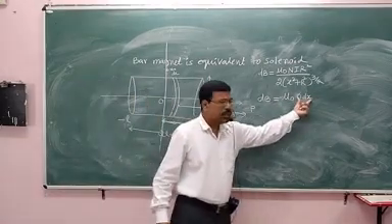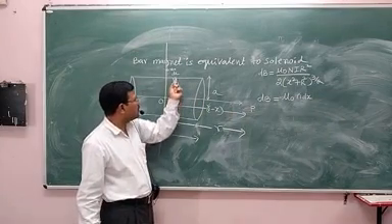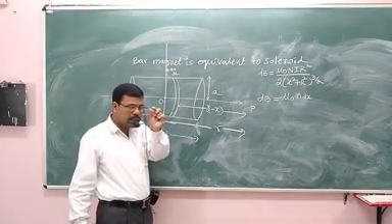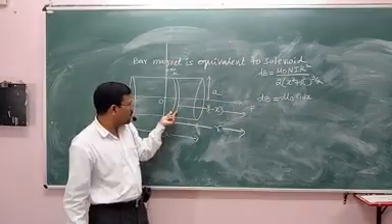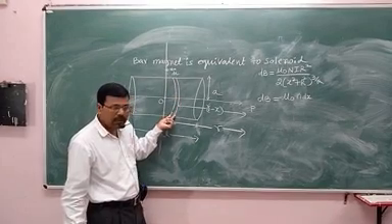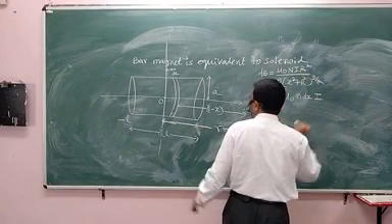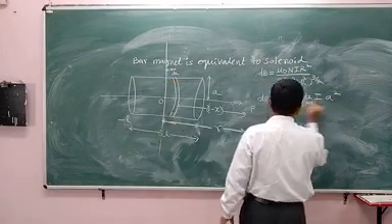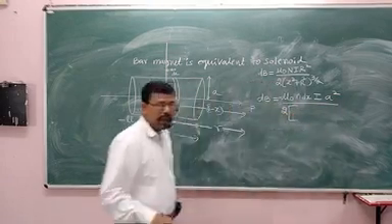This n dx gives the number of turns that are available in this dx element. n means number of turns per unit length, into length, gives the number of turns available in this element, into I, current in each turn, into radius, that is a square, divided by 2 in the bracket.